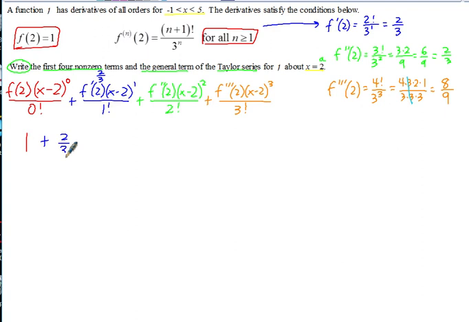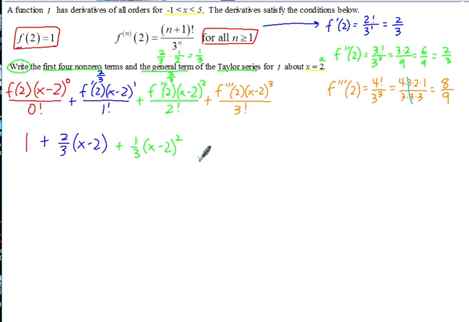So it's going to be 2/3 times x minus 2 for the second term. F double prime of 2 was also 2/3, but this time it's divided by 2 factorial. So 2/3 divided by 2 is the same as multiplying by the reciprocal, 1 over 2. The 2's reduce out, which gives you 1/3. So it would be plus 1/3 times x minus 2 squared.